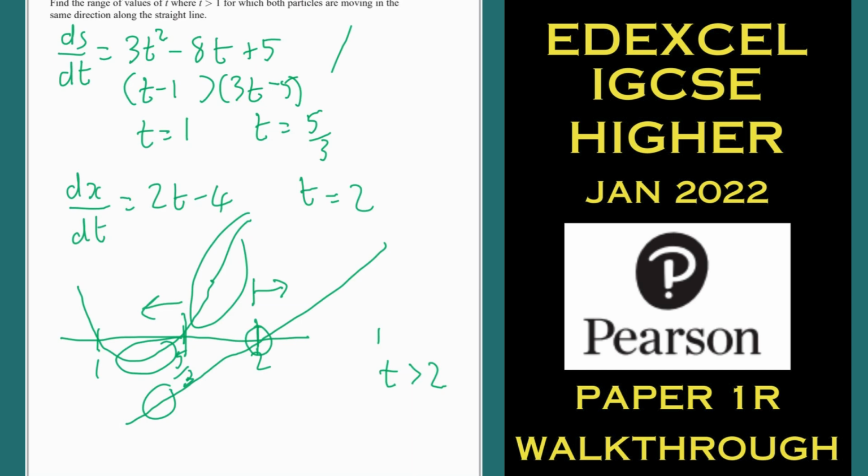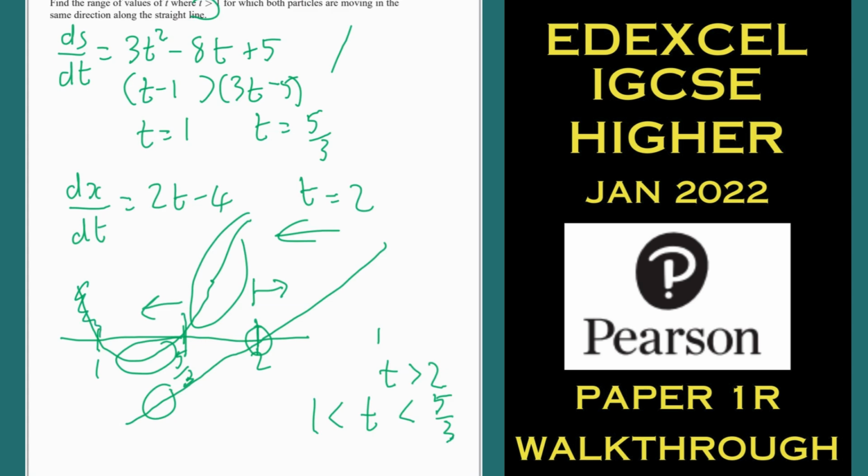In other words, they're both travelling left. So it's when t is less than 5/3. Now, they've already given you the constraint. The mark scheme doesn't actually need you to include this. They do include it in brackets, so it's kind of optional because they've already defined that t must be greater than 1. So you don't need to worry about that, but who cares?